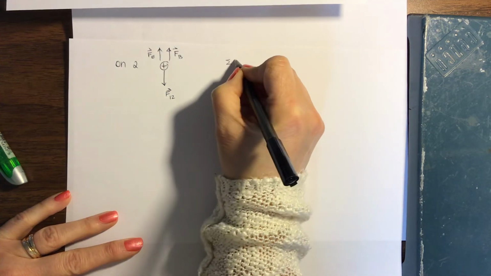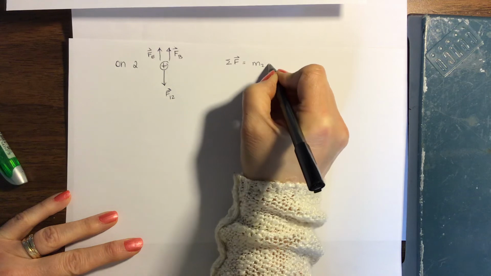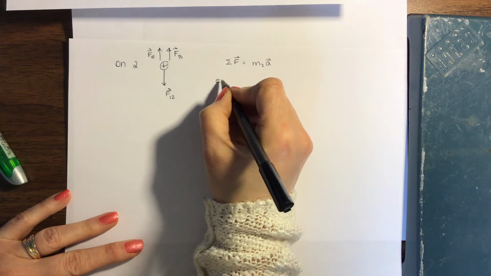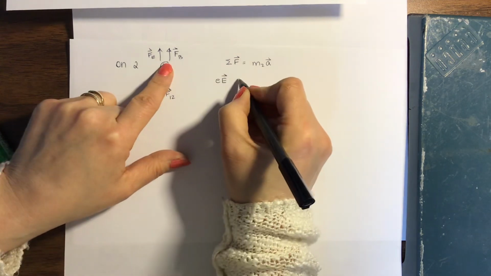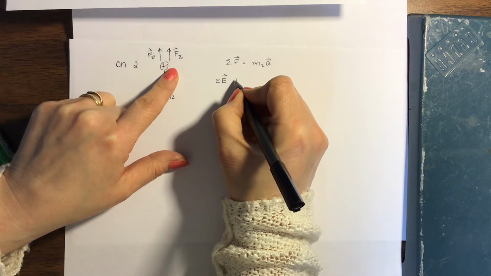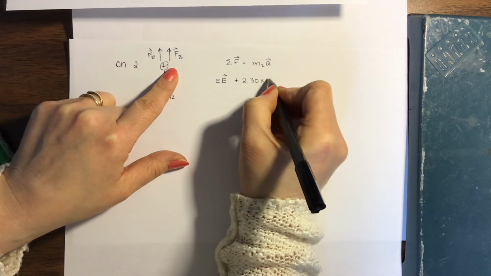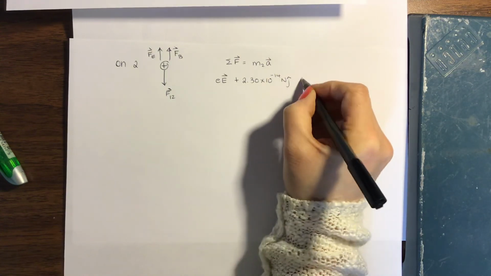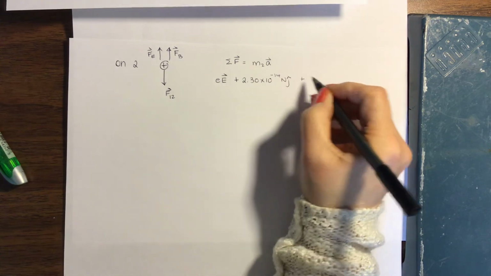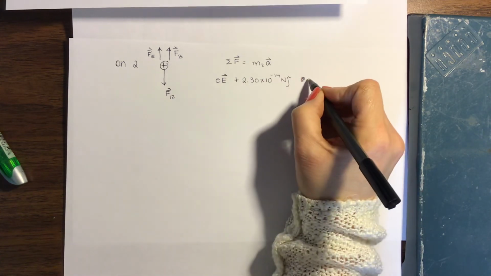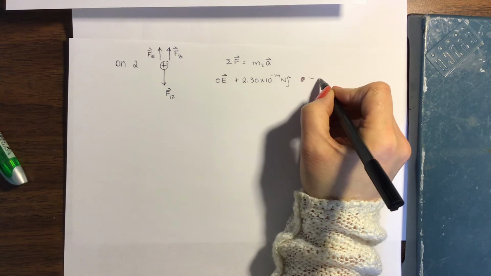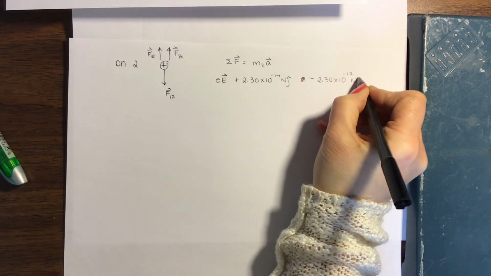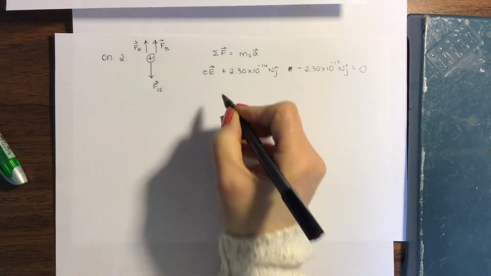I know that the net force is equal to mass 2 times its acceleration. That's going to be 0. So I've got my electric force, which is q times E, plus my magnetic force, which is plus 2.30 times 10 to the minus 14 newtons J hat, plus my Coulomb force, which points down, so that's minus 2.30 times 10 to the minus 12 newtons J hat, all equal to mass times acceleration.